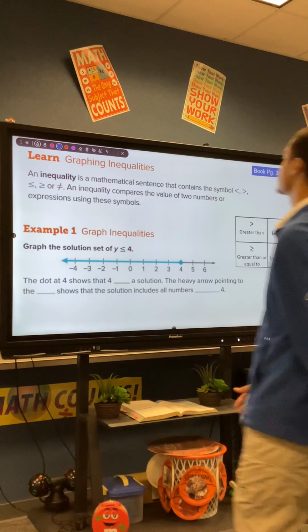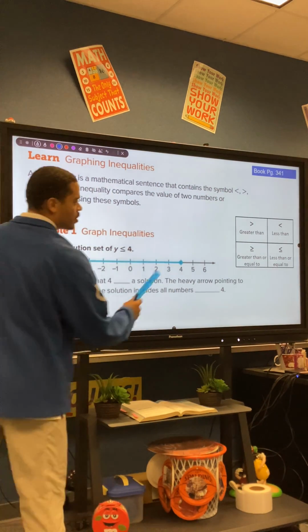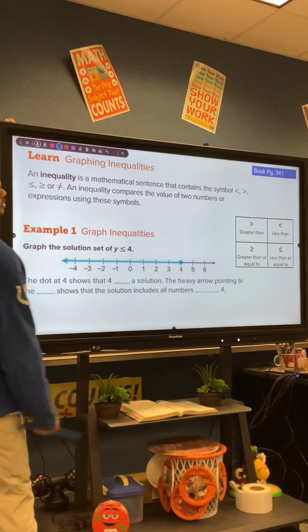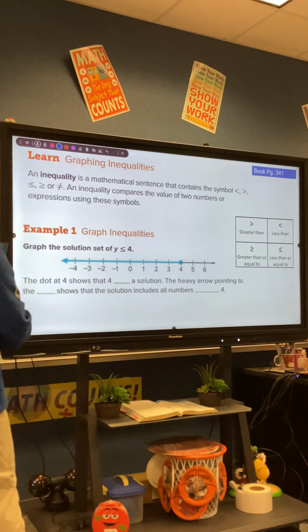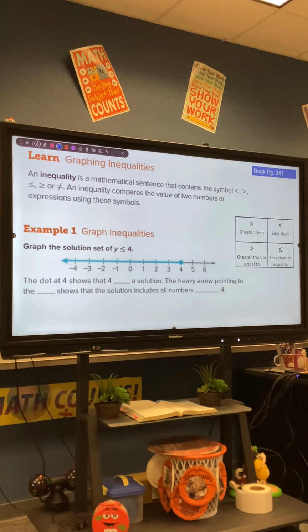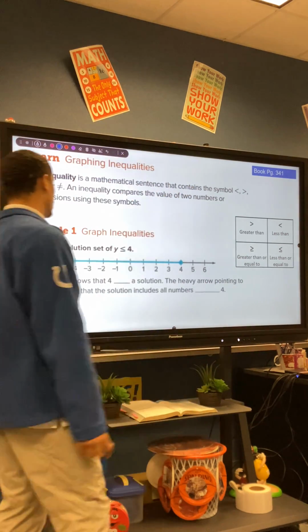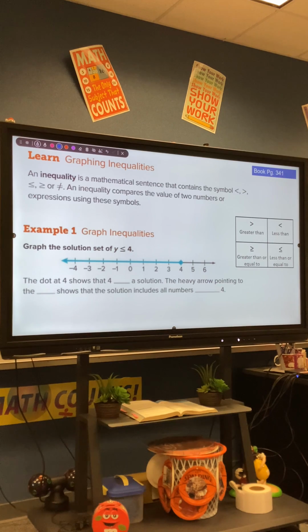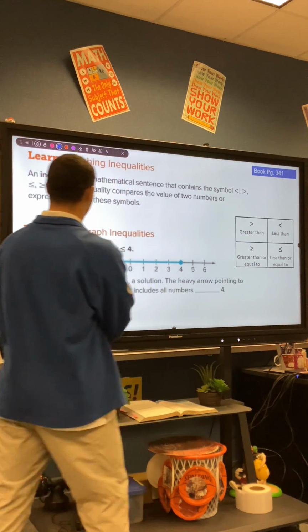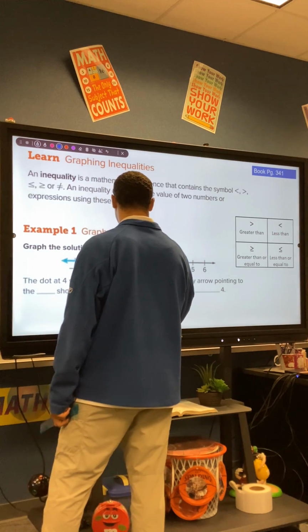So, an inequality is a mathematical sentence that contains a symbol: less than, greater than, less than or equal to, greater than or equal to, or not equal. I don't know why they didn't start with greater than, that's messing me up. So, example 1. If I'm graphing this inequality, the dot at 4 shows that 4 is a solution, right?